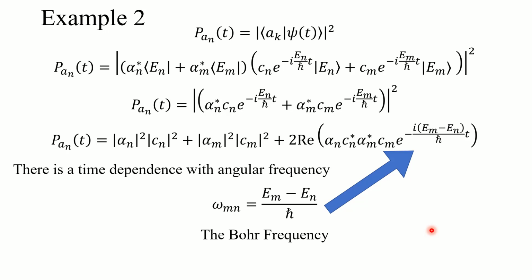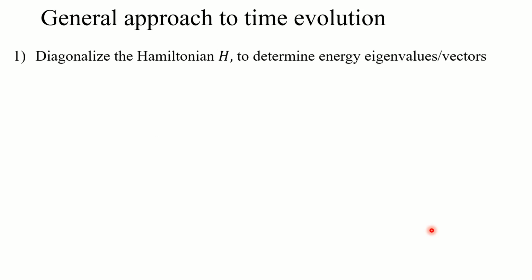Hopefully you followed this. The gist is the general approach to how we see how systems evolve in quantum mechanics: you start with the Hamiltonian, the energy operator that governs time evolution. You want to diagonalize it so we have the eigenvalues and eigenvectors of our Hamiltonian.